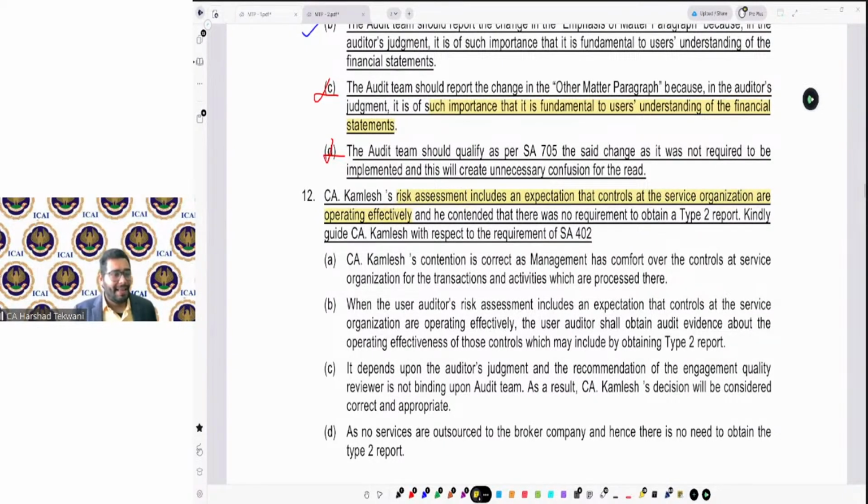So if the risk assessment includes an expectation that the controls at the service organization are operating effectively, then what is the requirement here? What should I do? What audit procedures do I need to follow in alignment with these expectations?